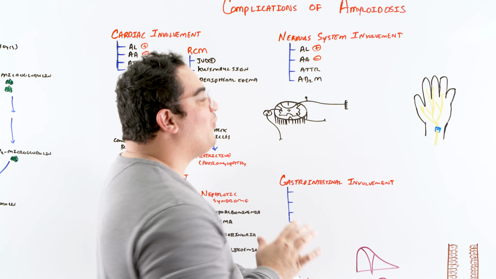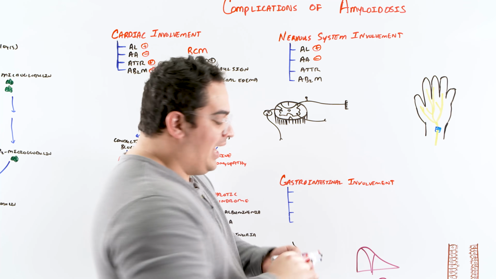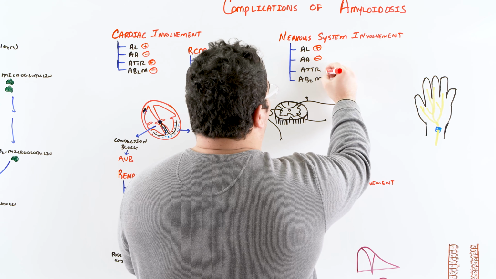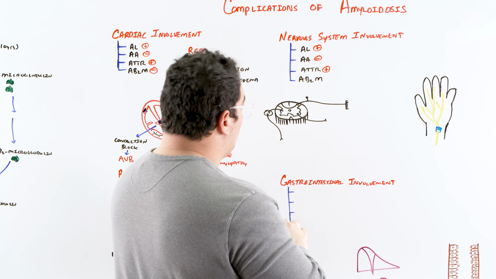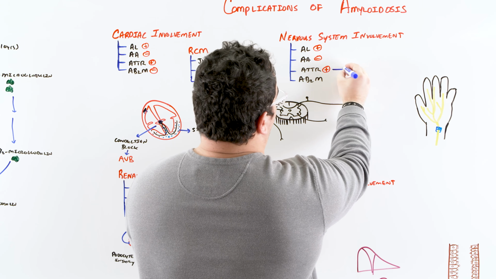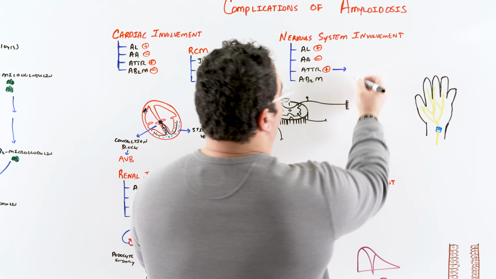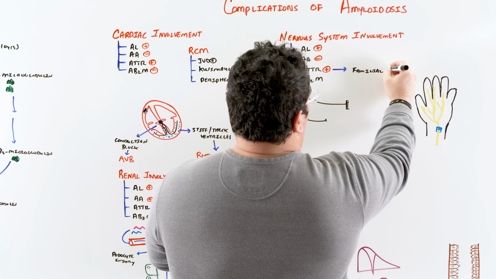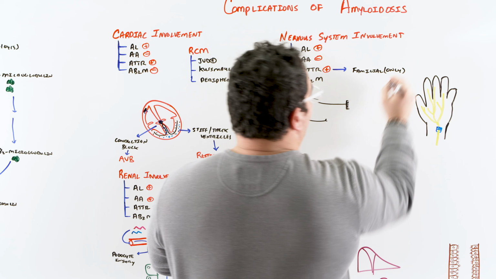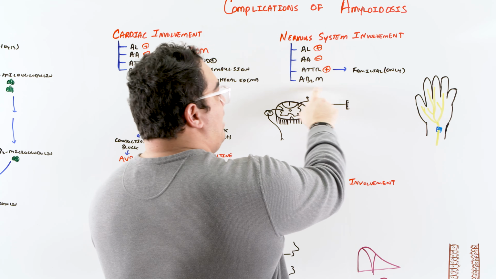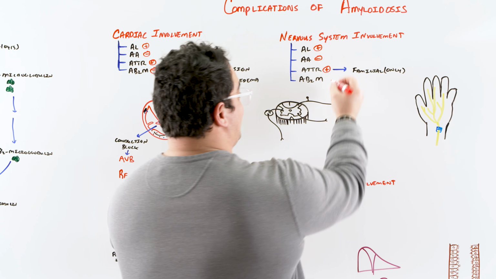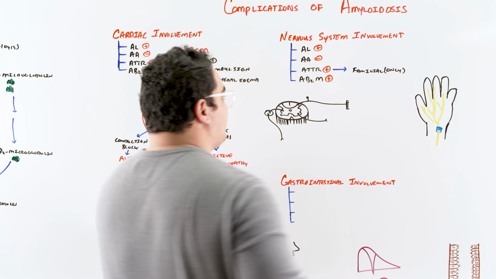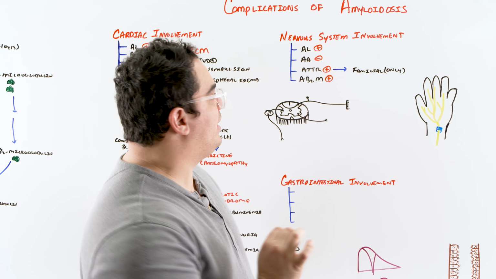ATTR, we have to be really, really careful. It does have it, but I want to specify that it truly is, because we have to be careful, this really only is the familial type, the hereditary type. All right, so it's only the familial. And then A beta-2 microglobulin, this one also has it as well. Now, here's what I want to be super, super careful with.